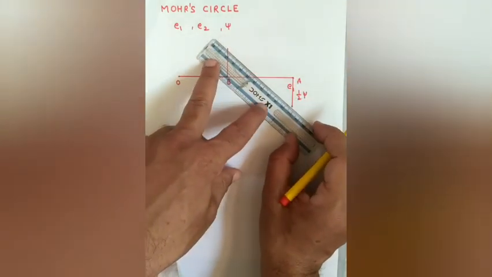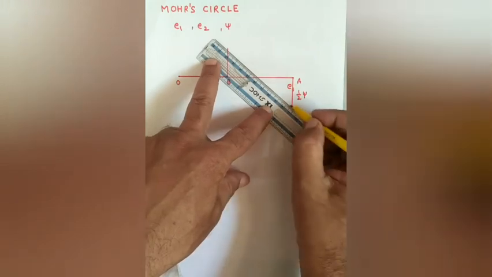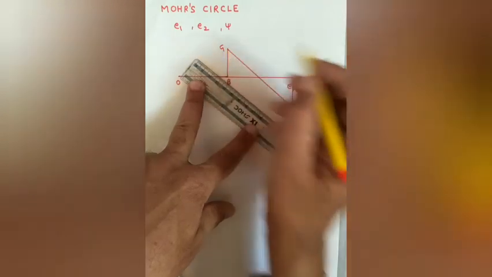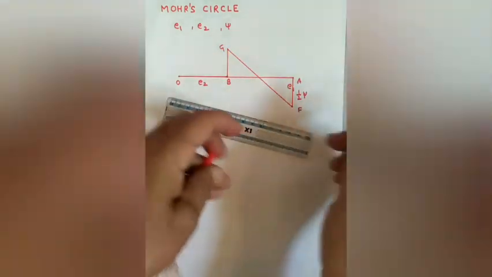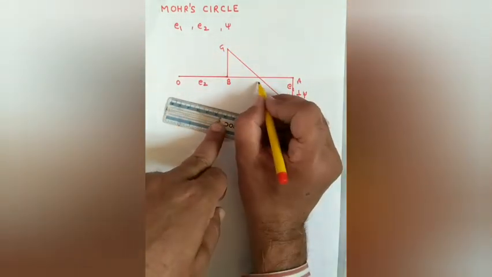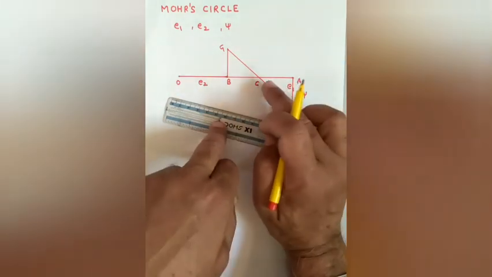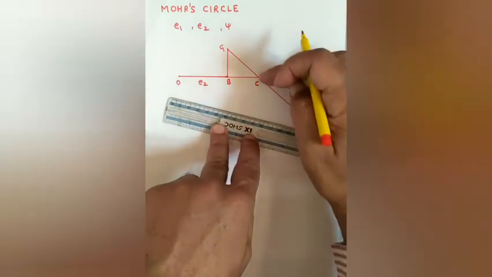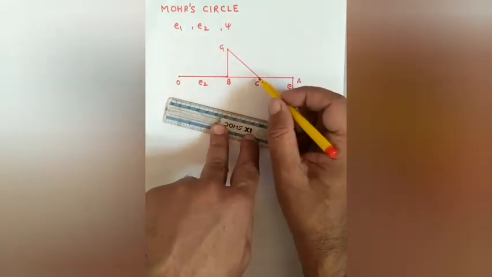Join these two points F and G. The line would pass through the midpoint of A and B, say it is C. Then draw a circle with C as center and CF or CG as radius.